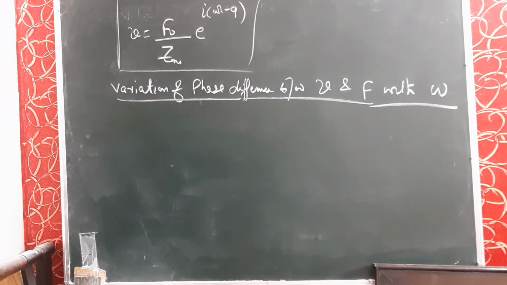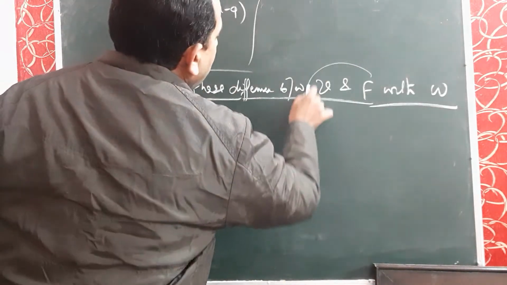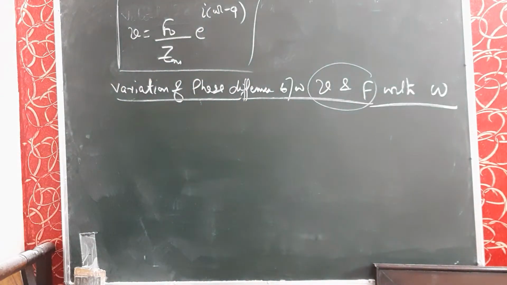So, first of all we have to find the phase difference between V and F. Phase means we will compare the angles used in velocity and angle used in force. Then we will compare the difference in their phases.